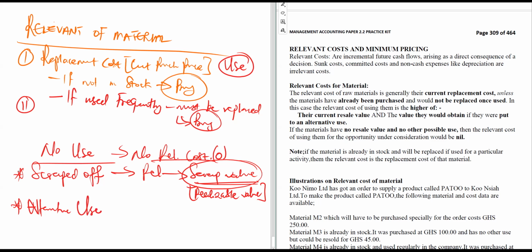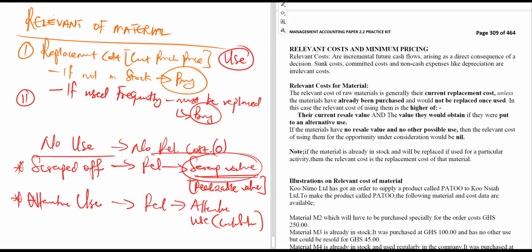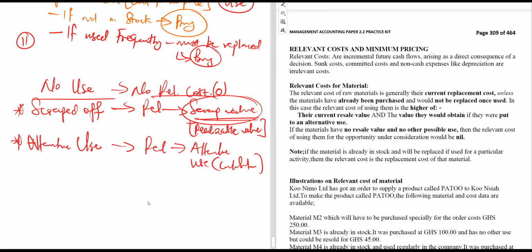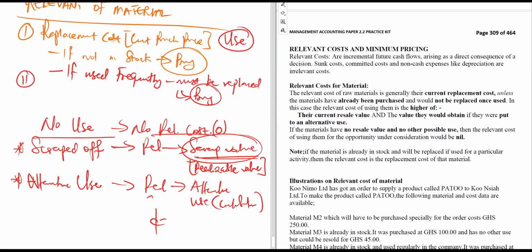If it has an alternative use, then the relevant cost should be the alternative use contribution. So let's say that A4 sheet could have been used to manufacture maybe a paper car, which I can sell for 90 cedis. But then I want to use it to make my management accounting book. Meaning what becomes a relevant cost here?